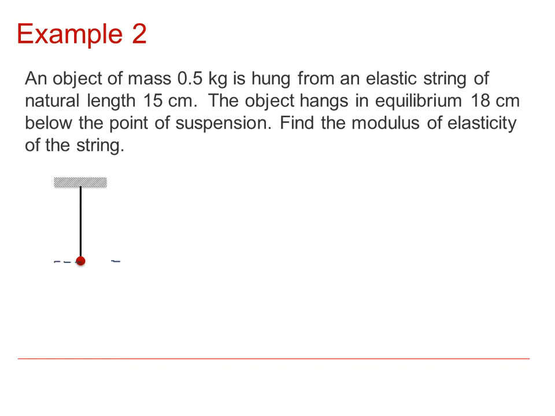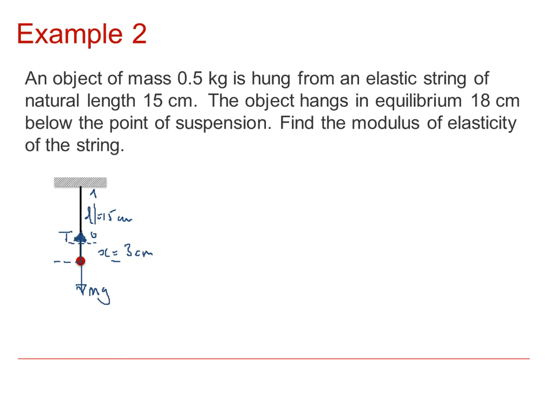So we've gone from a natural length of 15 centimeters to an extension equal to 3 centimeters. Then we've got two forces acting: the tension in the string due to it being extended, and the weight downwards, mg.